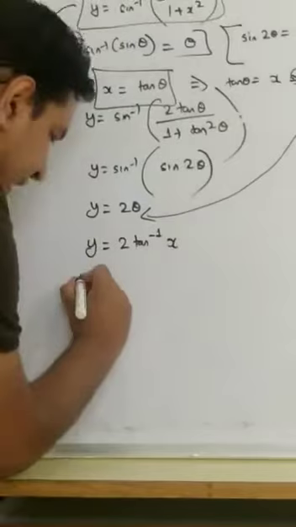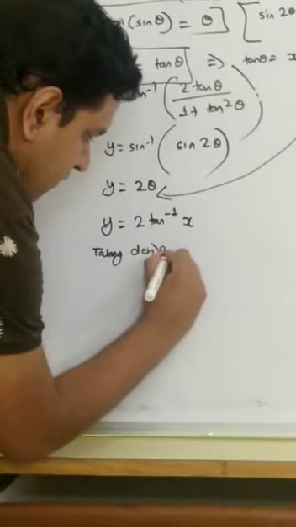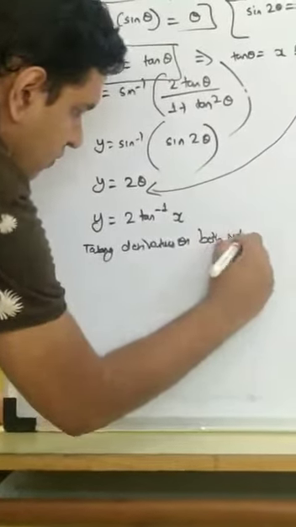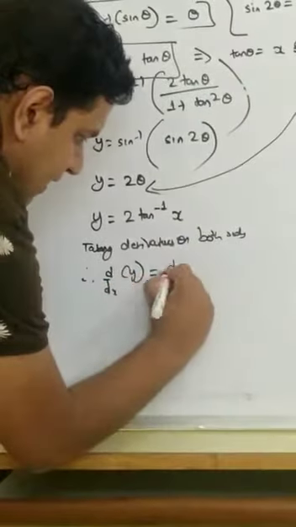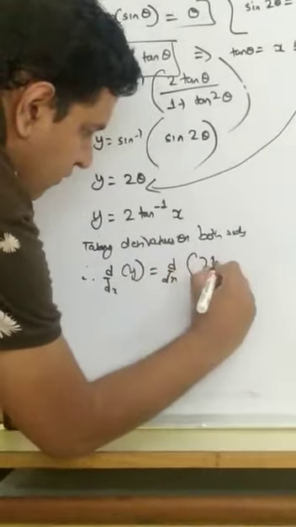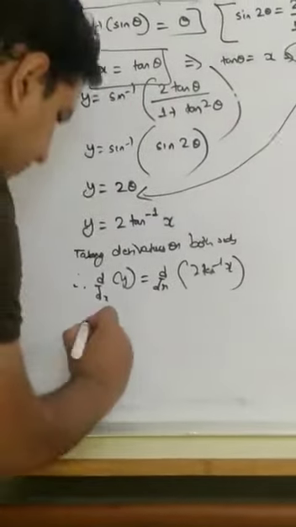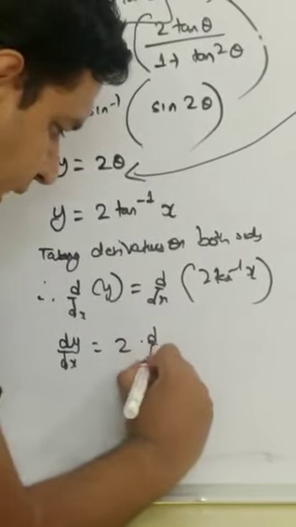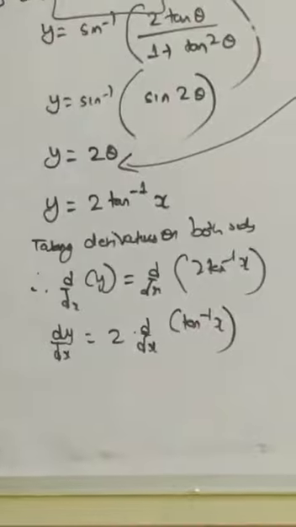Now I can say, taking d/dx of y is equal to d/dx of 2 tan inverse x. I can take out the constant outside the derivative. Dy by dx is equal to 2 into derivative of tan inverse of x.